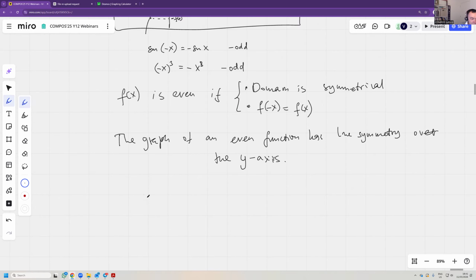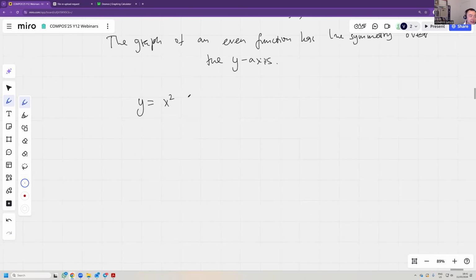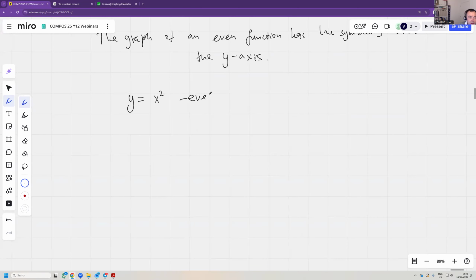Right, so y equals x squared is symmetric, is even, because f of minus x is minus x squared, which is the same as x squared, which is the same as f of x. And the graph is symmetrical.